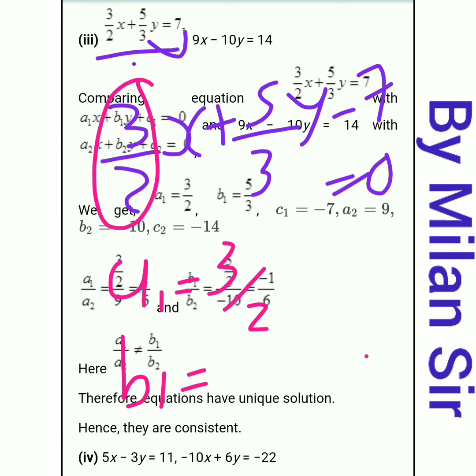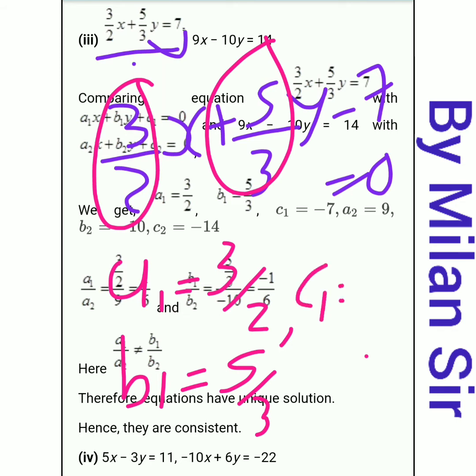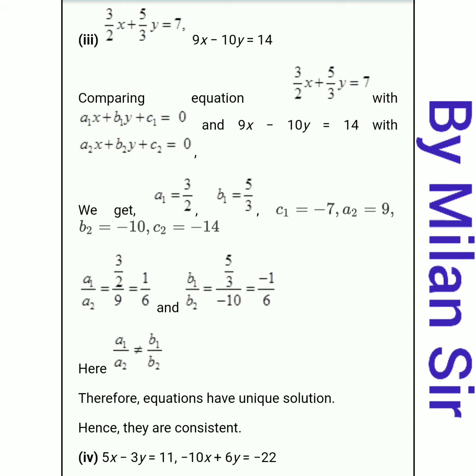Your B1 is equal to 5 by 3, coefficient of y. And C1 is equal to minus 7, the constant term. Okay. So A1 is equal to 3 by 2, B1 is equal to 5 by 3, C1 is equal to minus 7.